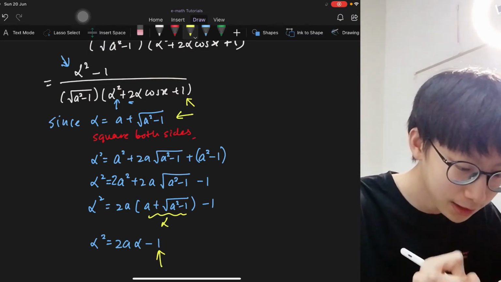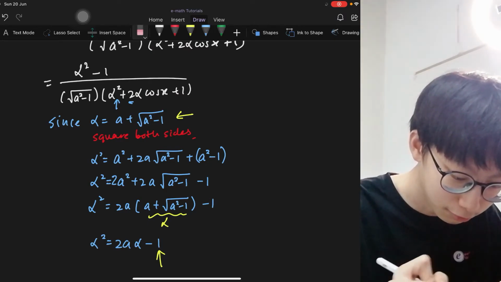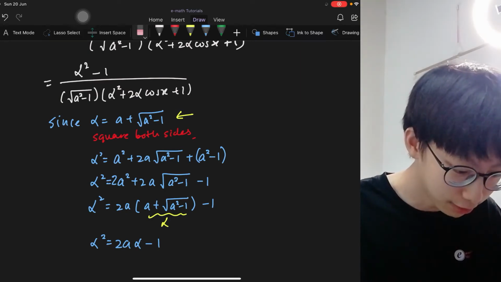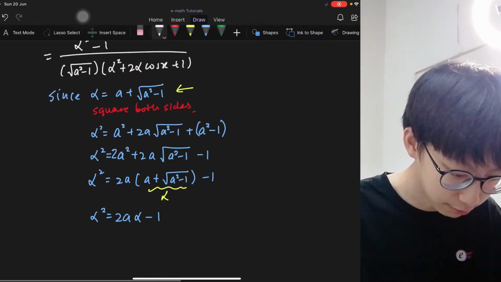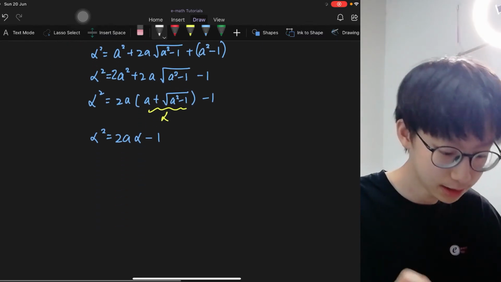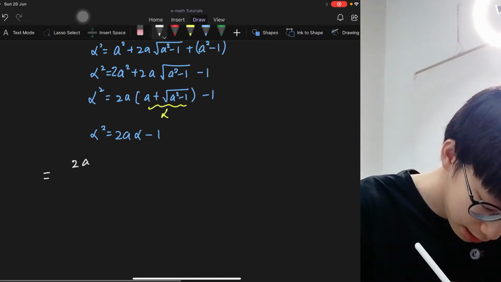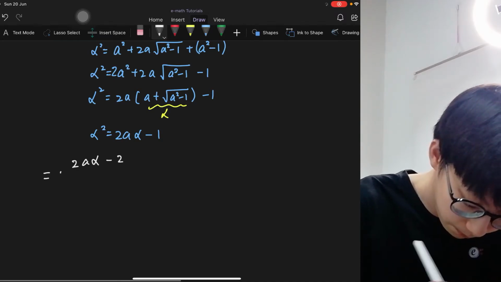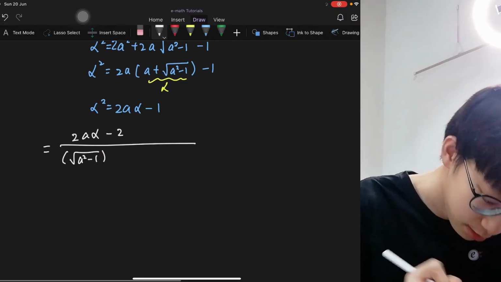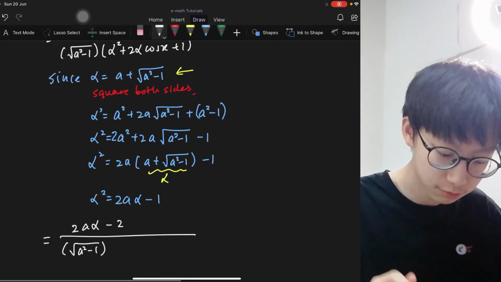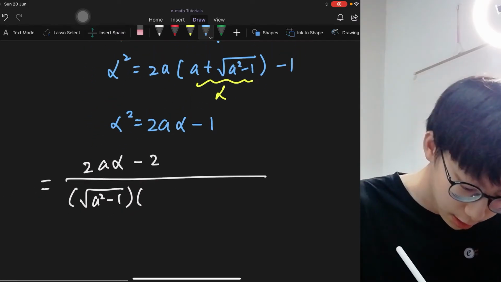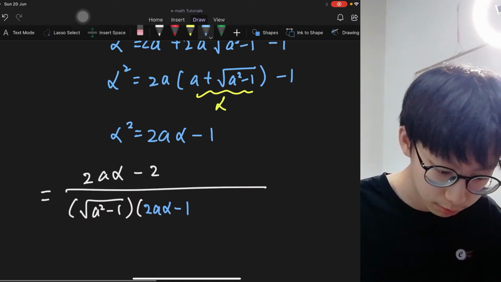So I think we don't completely eliminate our alpha first. We just see how it works. So it will just be 2a alpha minus 2 on top, right? 2a alpha minus 2 on top, and then this one, just copy it, a square minus 1, then alpha square is again, maybe I should use blue color for this, 2a alpha minus 1, right?